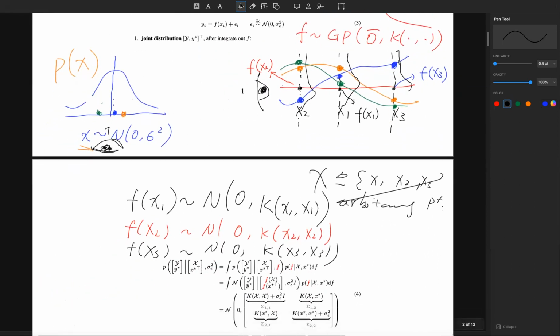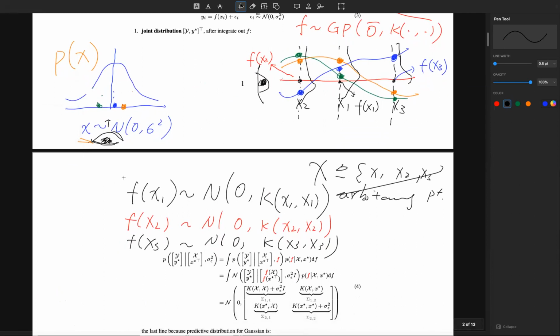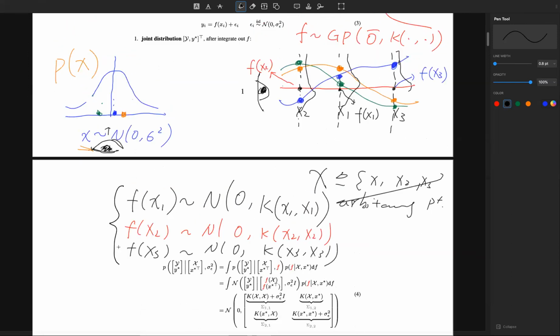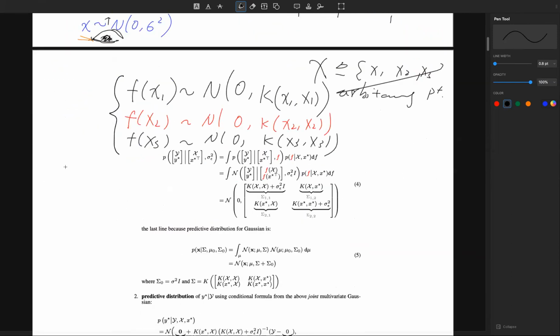Okay, so that's it. But this is not the most interesting part about Gaussian processes, because we are only looking at one function value. It's just a 1D Gaussian. What becomes more interesting is how you model them jointly. So f of x1, f of x2, and f of x3 form a vector, a 3D vector.